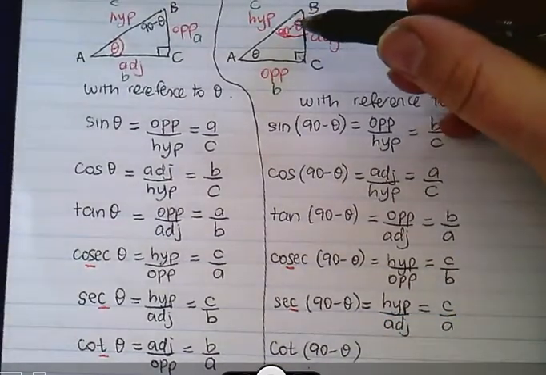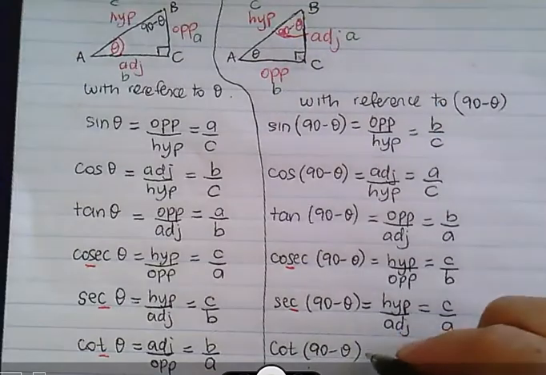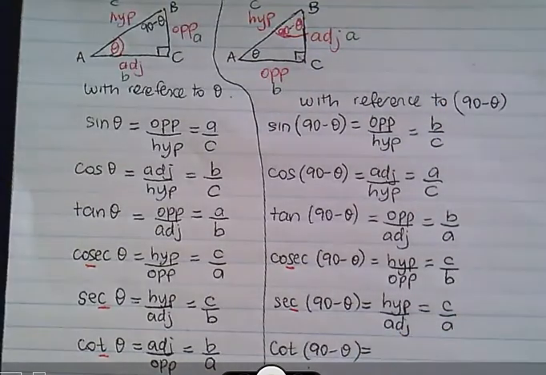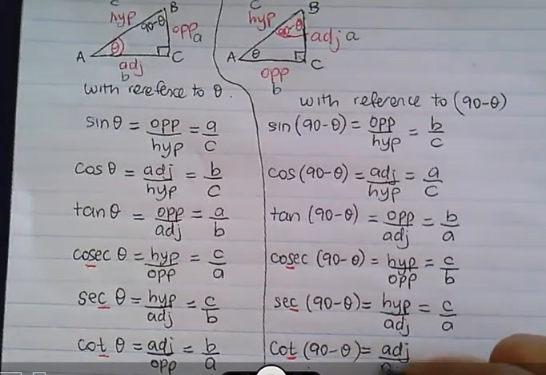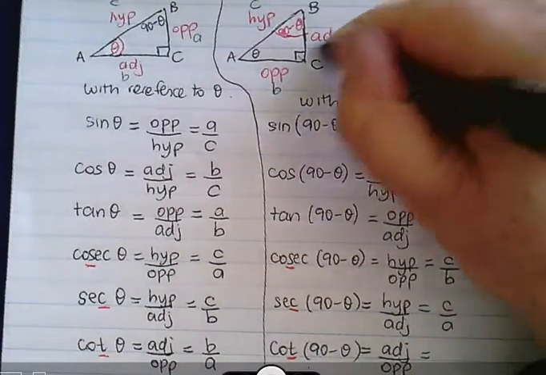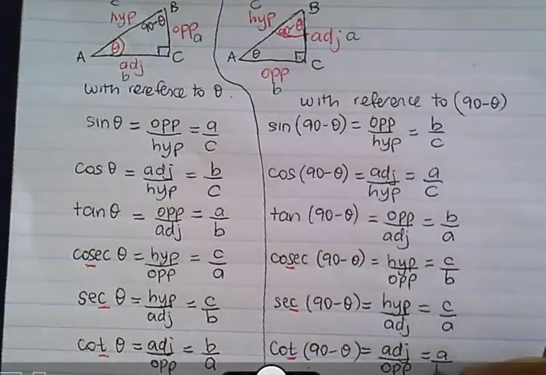In other words, we're taking the cot of this angle. It's the reciprocal of tan, because the third letter is T, so it is adjacent over opposite for this triangle, which is A over B.